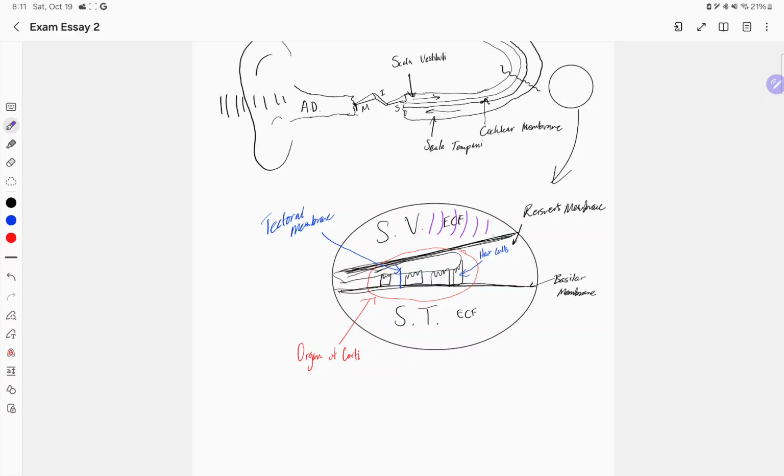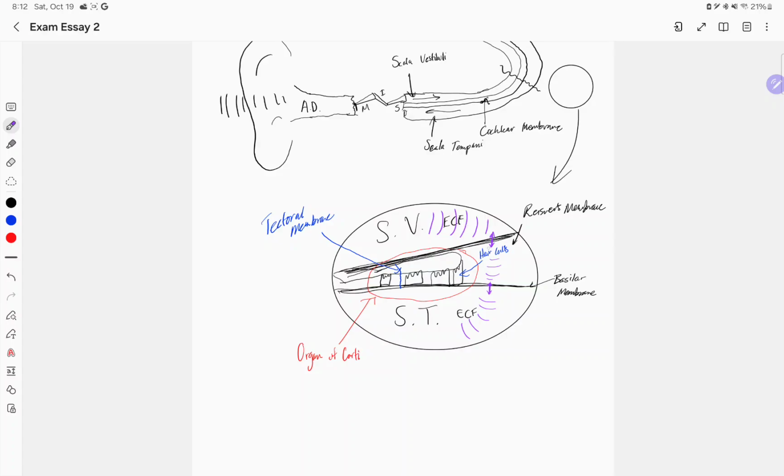And when that happens, that's causing this Reisner's membrane to flex up and down. And as that happens, the energy is transferred, and it causes the basilar membrane to also flex up and down. And then you have these vibrations exiting through the scala tympani.